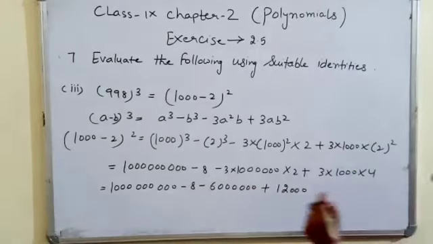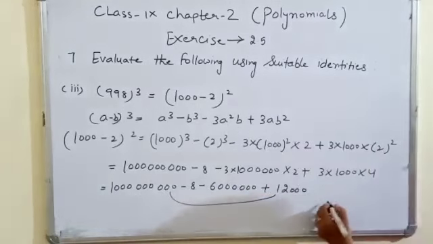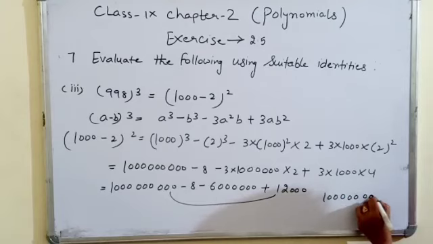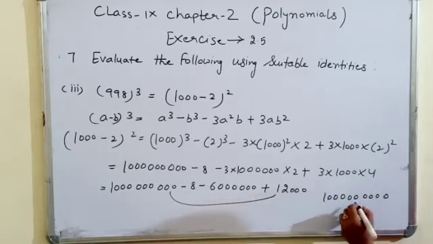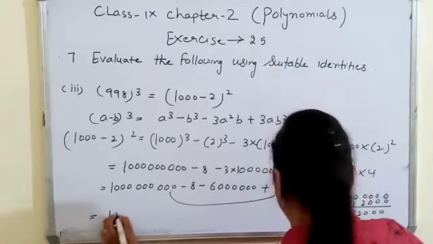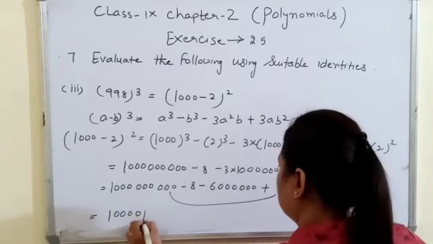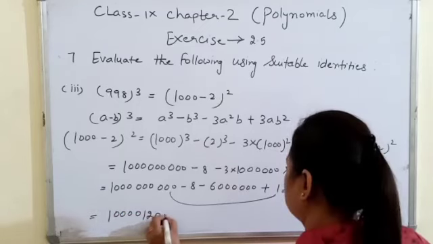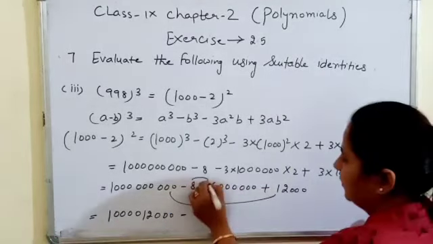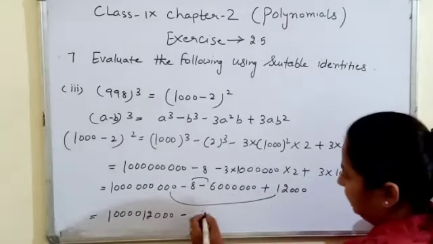Now, firstly, let's add the positive values: 1 followed by 9 zeros and the 12,000. Then the negatives: now take the negative sign and add them.